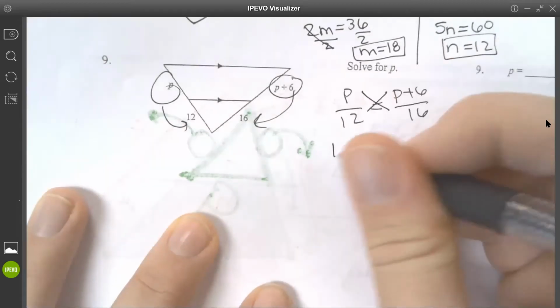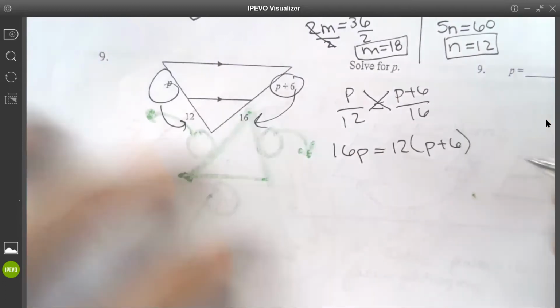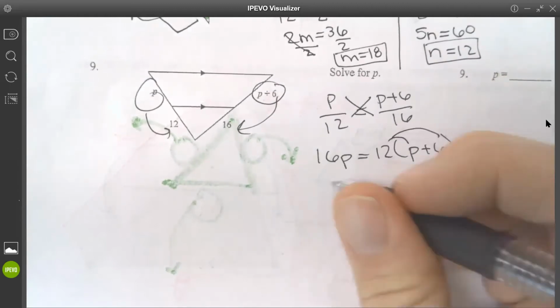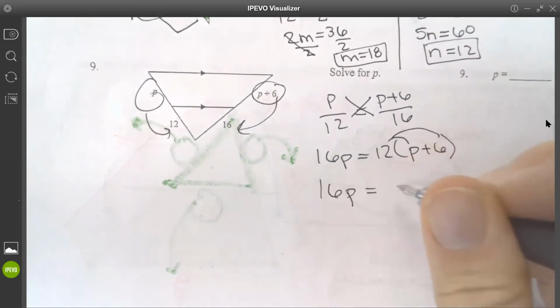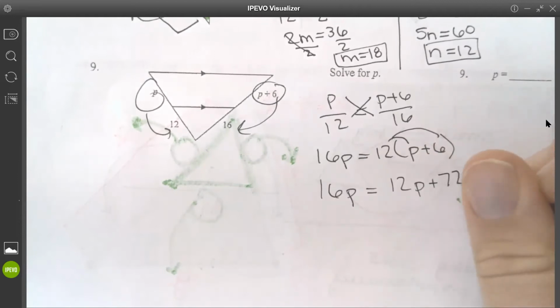I cross and 16p equals 12. Remember everything in parentheses times p plus 6. And we'll just have variables on both sides at first, and we'll have to deal with that and solve. 12p plus 72.